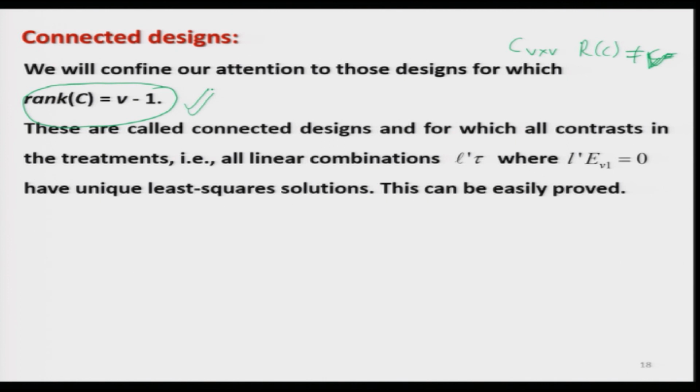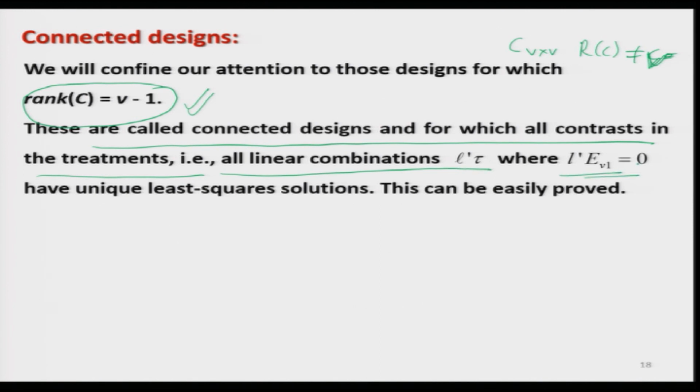These types of designs are called connected designs, for which all contrasts in the treatments, that is all linear combinations l transpose tau where l transpose 1 is equal to 0, have a unique least squares solution, and this can be very easily proved.